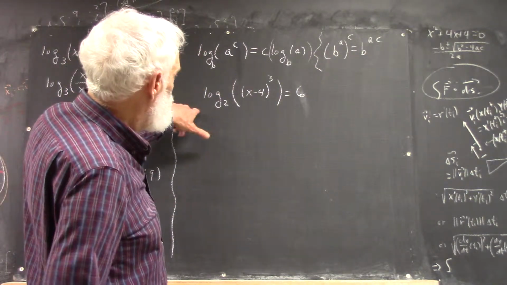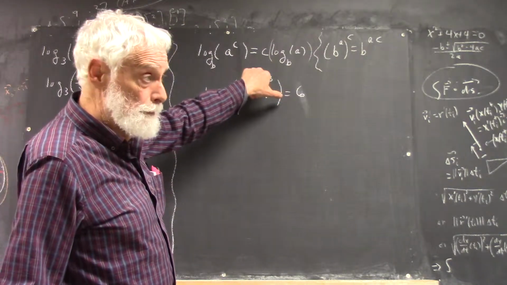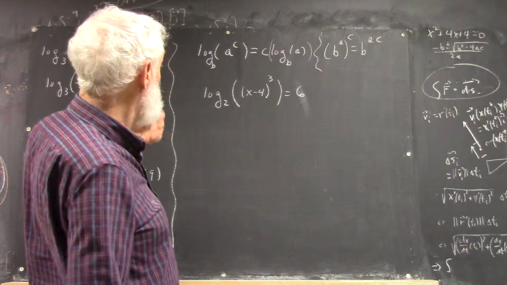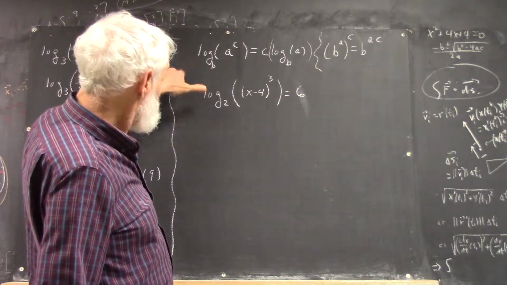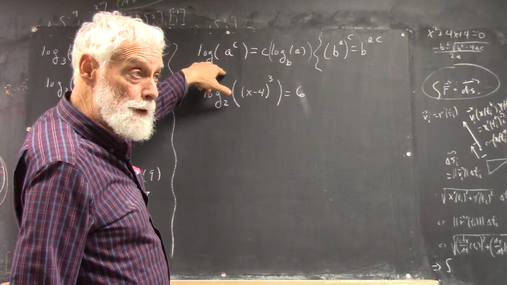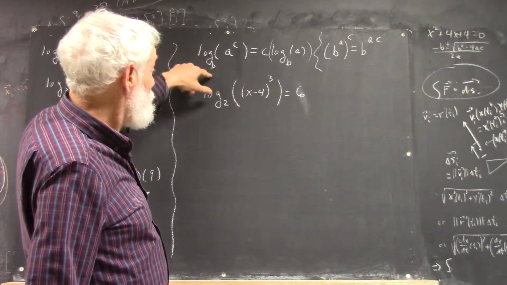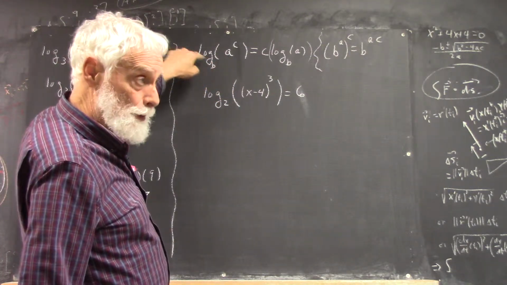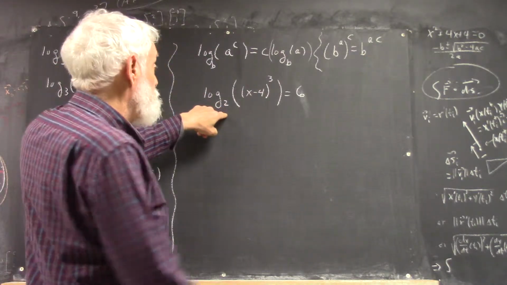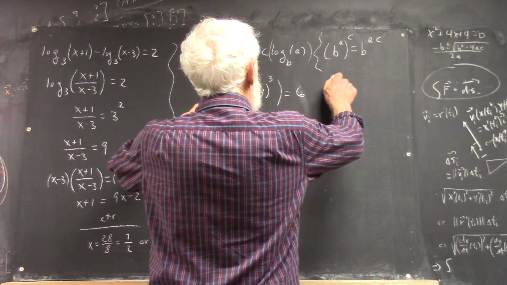So we have this equation and we have this rule. First thing we want to do is identify A, B, and C on the left-hand side here, because this is in the same form as the rule. B is the base, so it goes right next to the log. It's 2, right? So we see that B is 2.